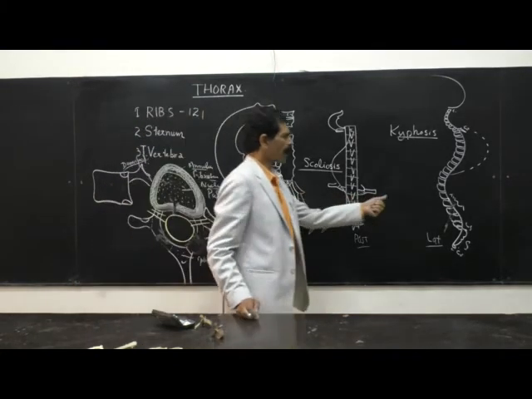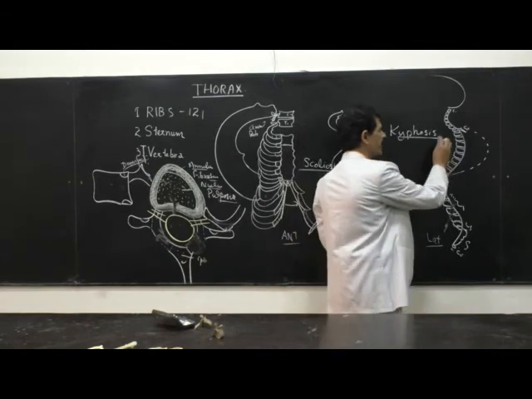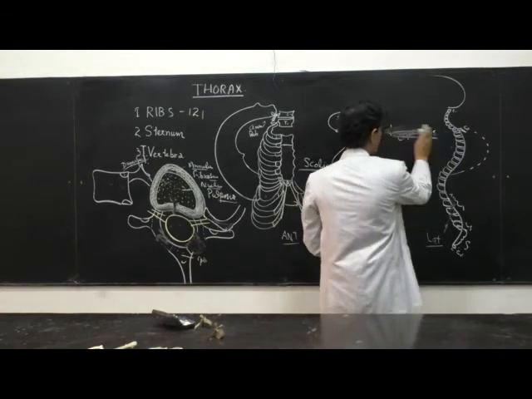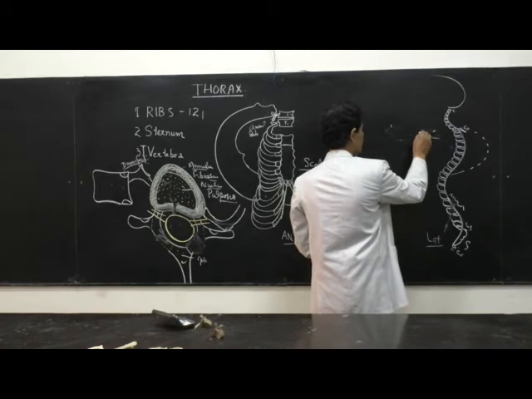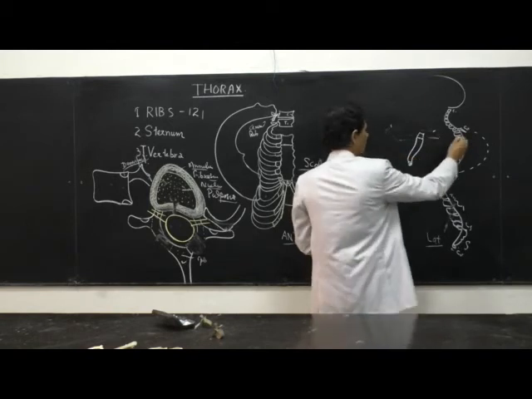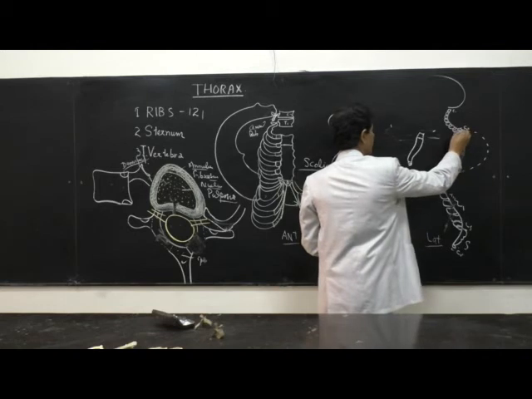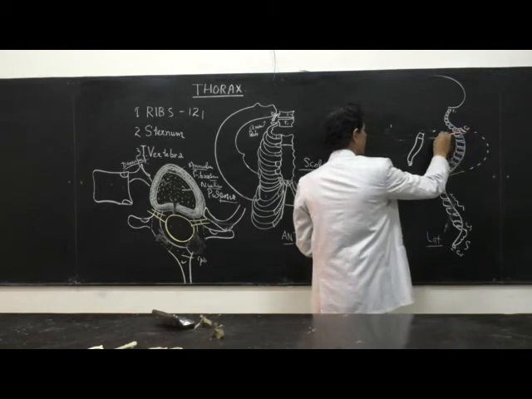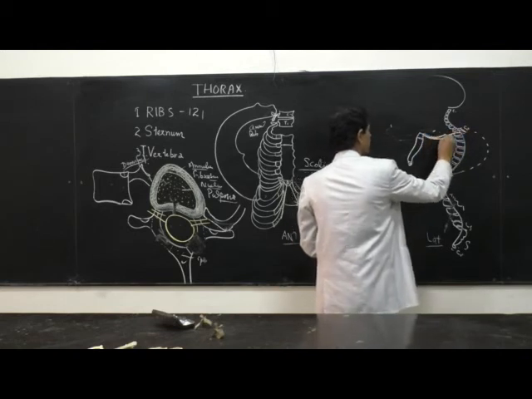So the lower part of the thoracic vertebra, this is the lateral view, and anteriorly this is the sternum, upper, the body of the sternum, and this is the vertebra. So from the T1 vertebra, the first rib comes and articulates with it.